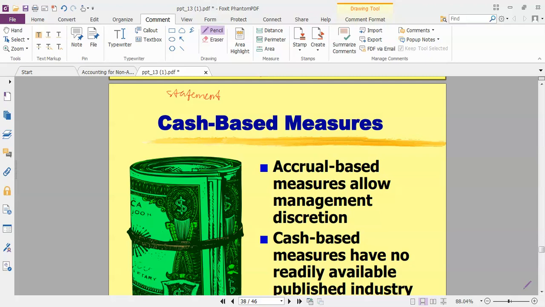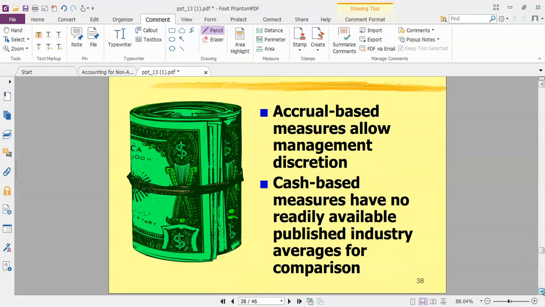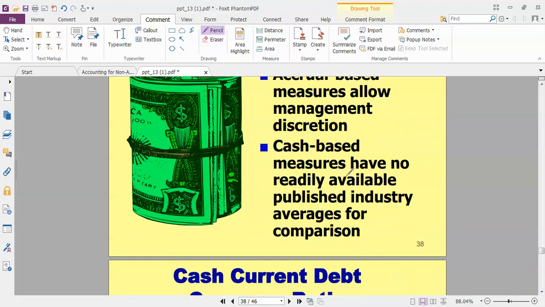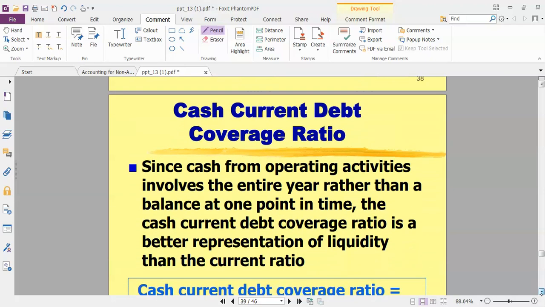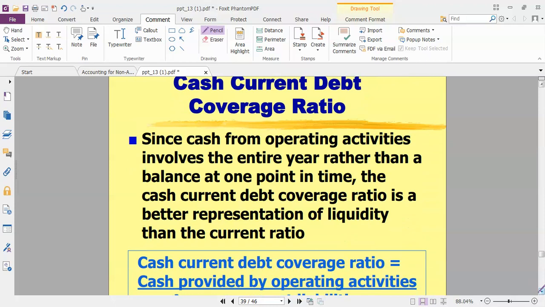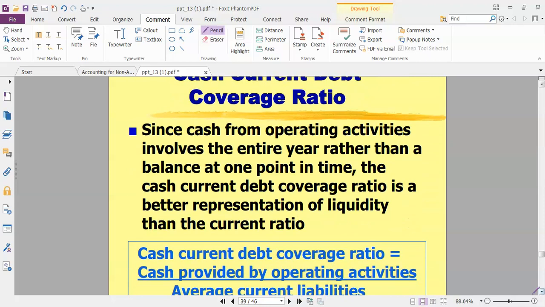The first one, accrual-based measures allow management discretion, but the cash-based measure has no readily available published industry average for comparison. So how can we calculate the cash current debt coverage ratio? Since the cash from operating activities involves the entire year rather than a balance at one point in time, the cash current debt coverage ratio is a better representation of liquidity than the current ratio.